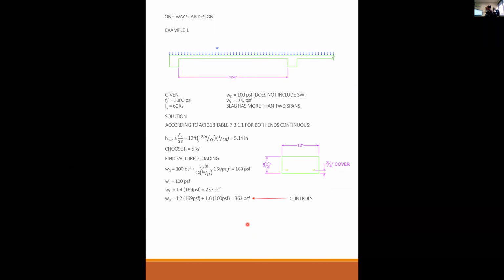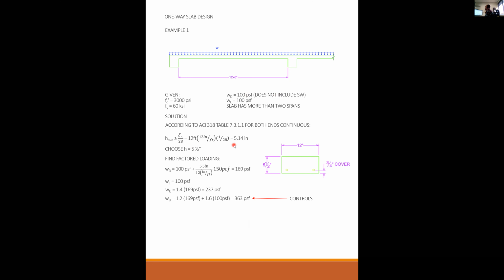Okay, well, let's start from here again, and we'll just go through this rather quickly. But if I was lost, I'm sure some folks are going to be lost as well. So let's do this. What we started last time, this is our design situation. The design slab is 12 feet wide from inside a beam to inside a beam. We had a dead load of 100 pounds per square foot. That did not include the self weight. We have a live load of 100 pounds per square foot.